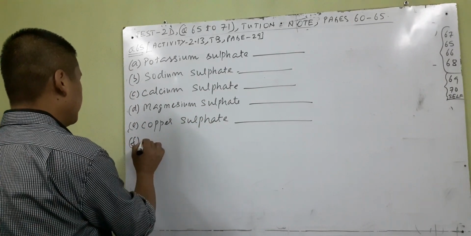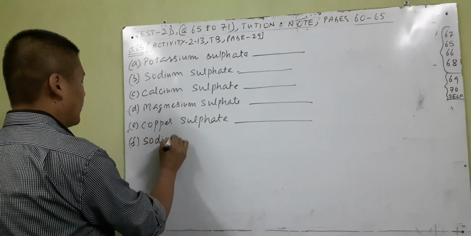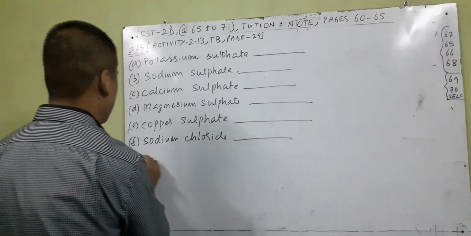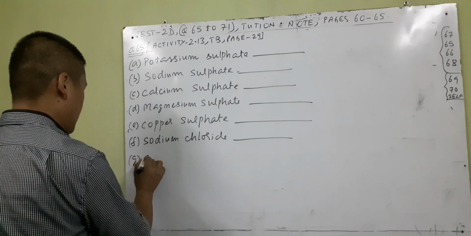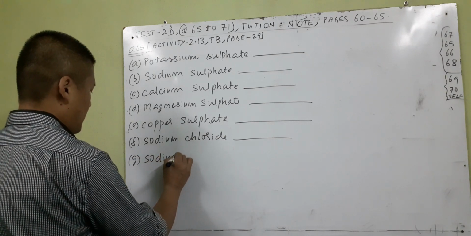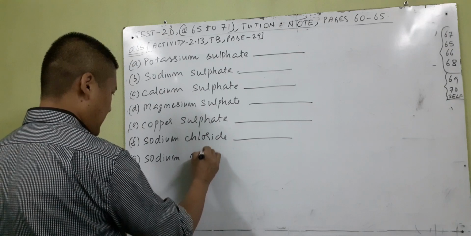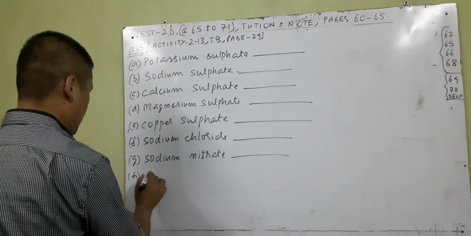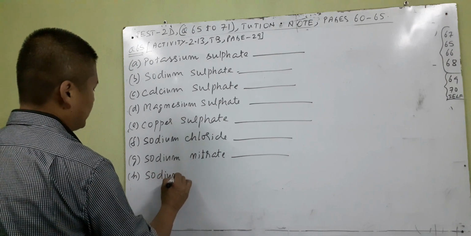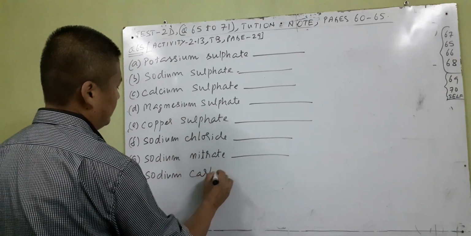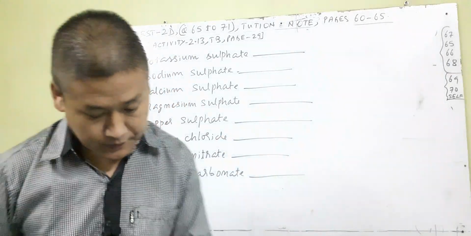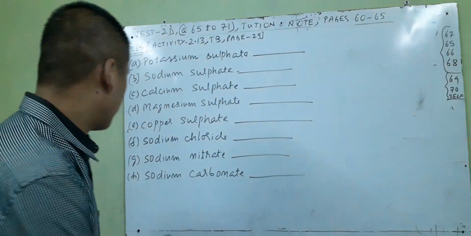Sodium chloride, sodium nitrate, and then sodium carbonate, I think. So you prepare it like that, and then finally ammonium chloride. So I is ammonium chloride.